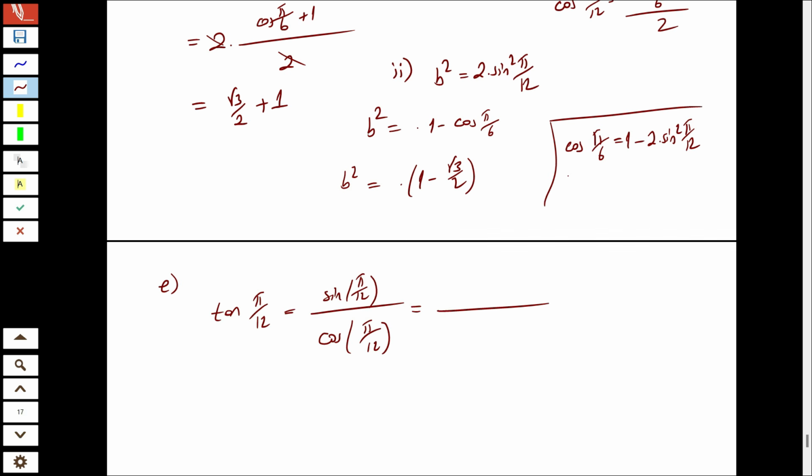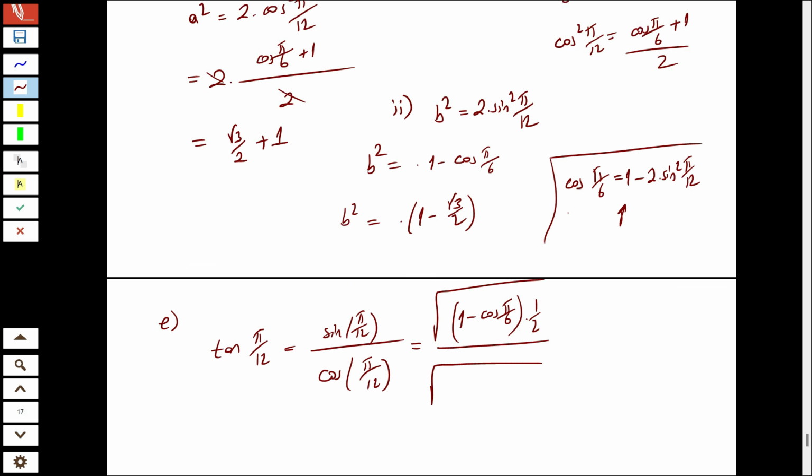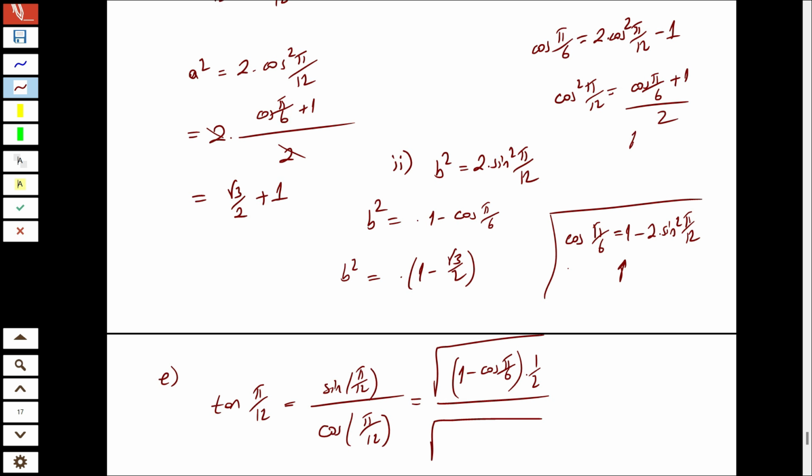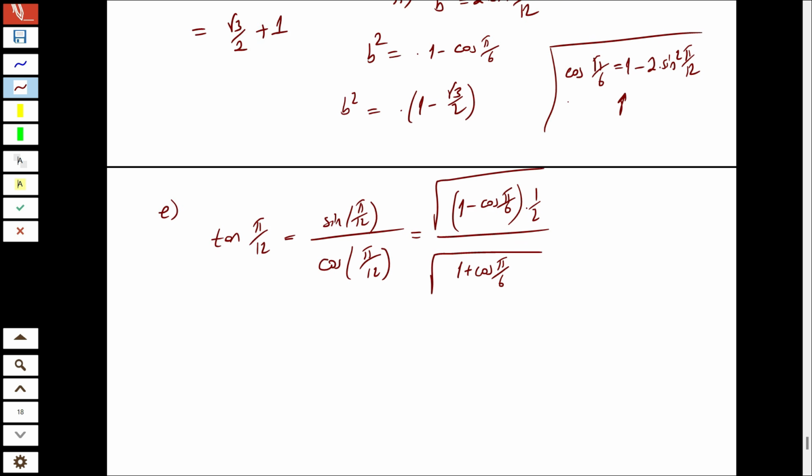We can say from here, for example, sine pi over 12 will be the square root of (1 minus cosine pi over 6) divided by 2. In the same manner, I will write for the cosine pi over 12 we found in here. It's gonna be the square root of (1 plus cosine pi over 6) divided by 2. We found both of them.